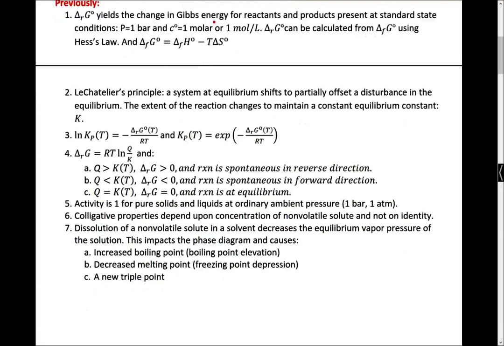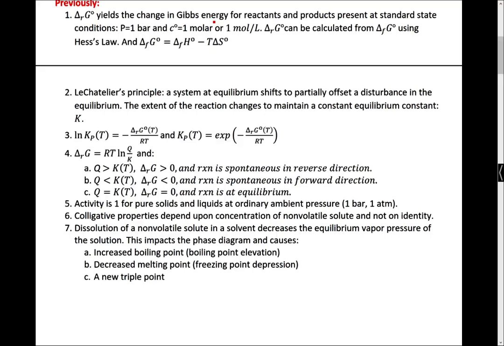And we talked about colligative properties a little bit. Basically, we've pointed out that it depends upon the concentration of the non-volatile solute. And we talked specifically about ionic substances in water that dissociate, and the identity doesn't count. It's just the concentration of all the dissolved species.